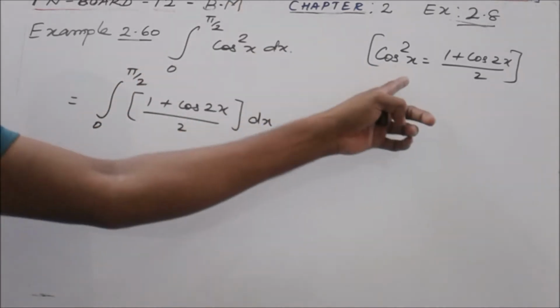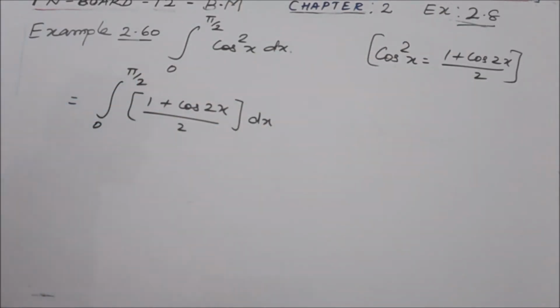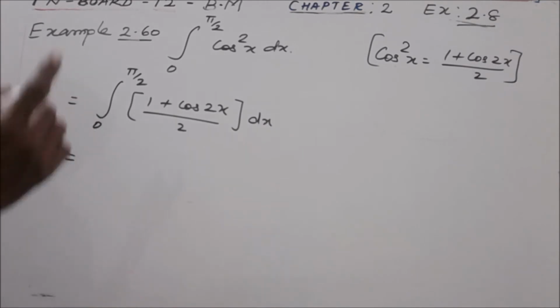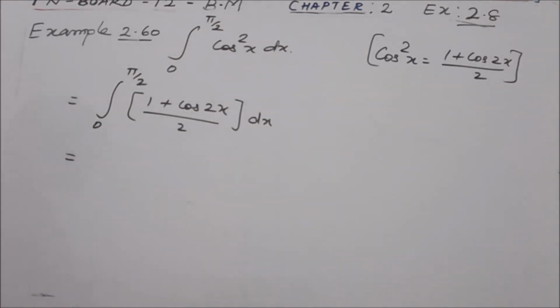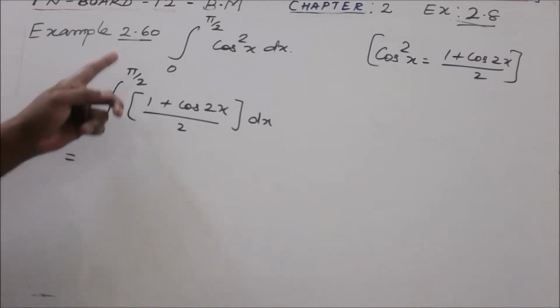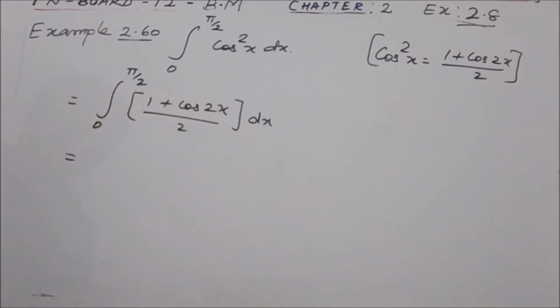So choose a formula which is without square for cos square x. So I have chosen the 1 plus cos 2x by 2 formula. That is very important. The terms involving the chosen formula should have integral values. Here 0 to pi by 2, 1 plus cos 2x by 2 into dx.